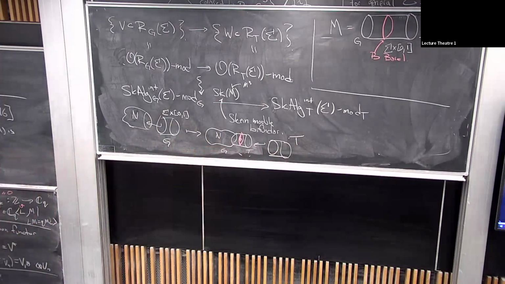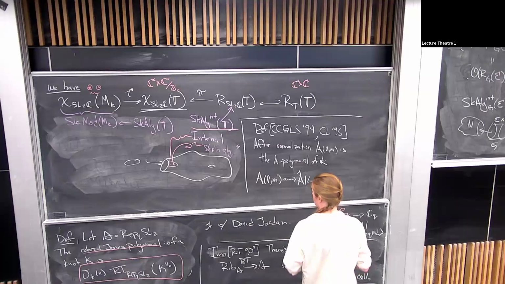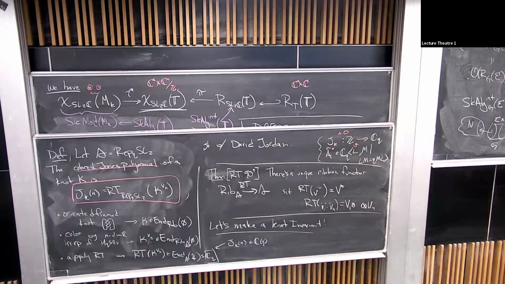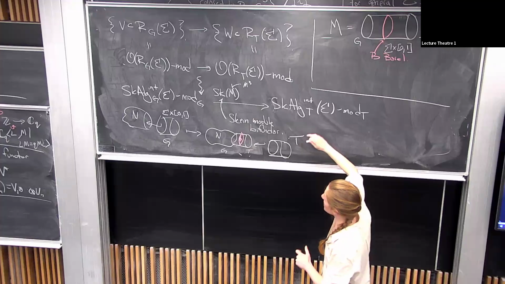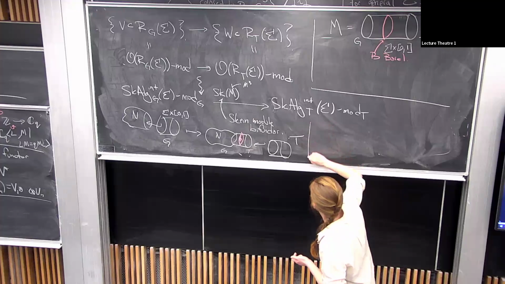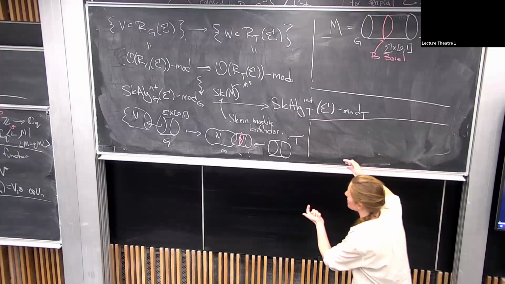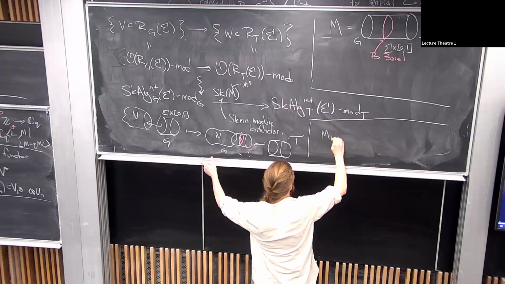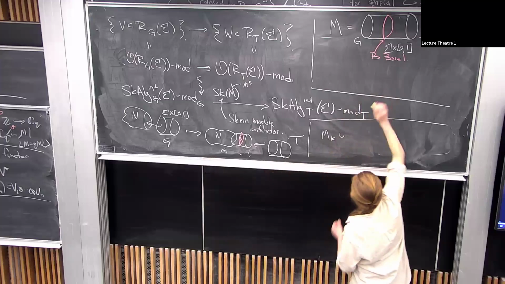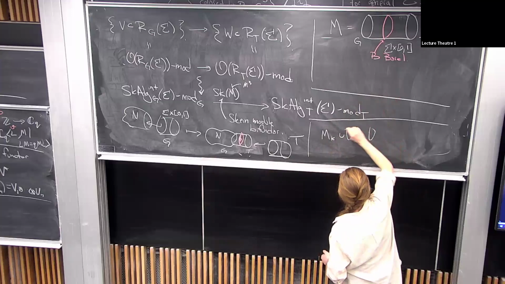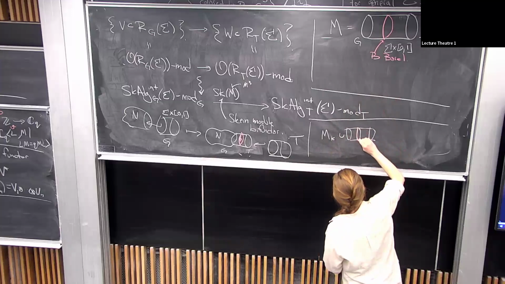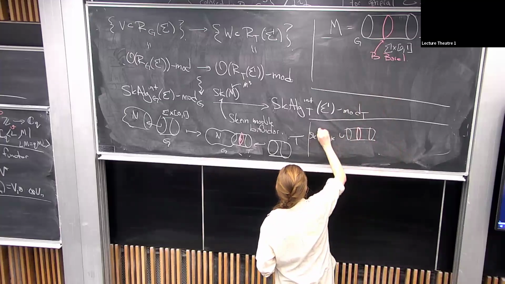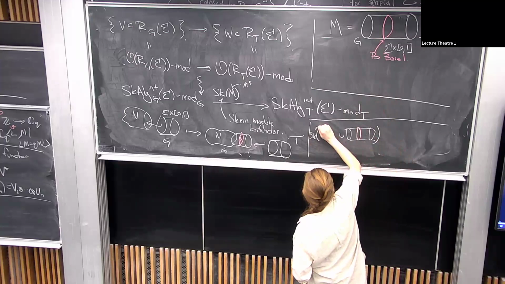So maybe actually, I'll say in this way we're quantizing the A polynomial. The idea that we have is that I take M_K and glue it with this defect thing, and I look at the skein module in here.